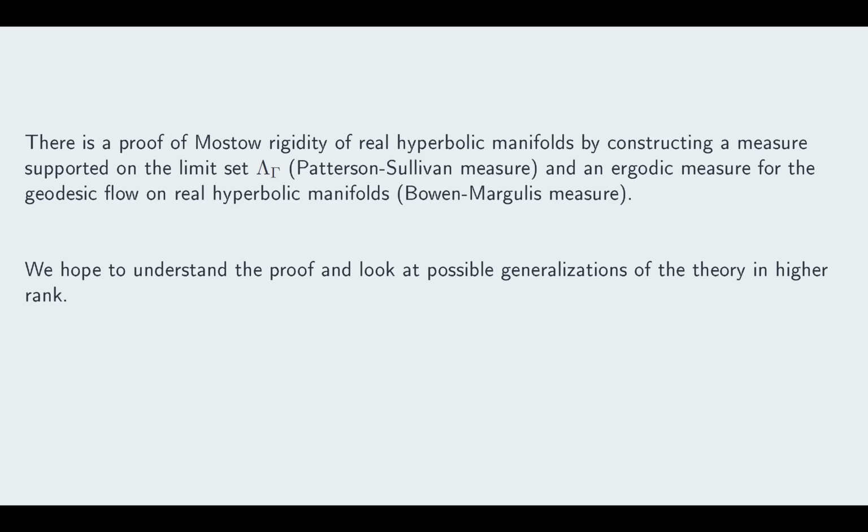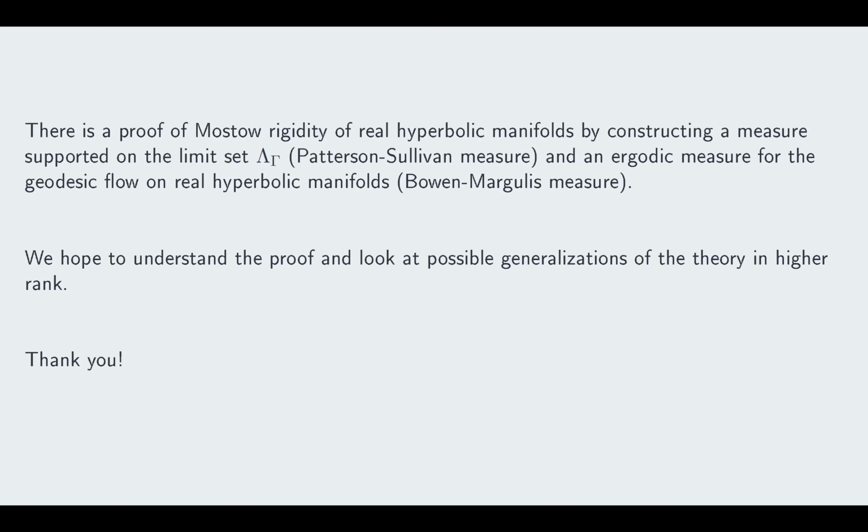That is the biggest issue. We use properties of CAT(-1) spaces in this proof, so we can't generalize this proof. The theory might generalize into the higher rank case. That is what we hope, and we wish to look at that in the next half of the thesis. Thank you.